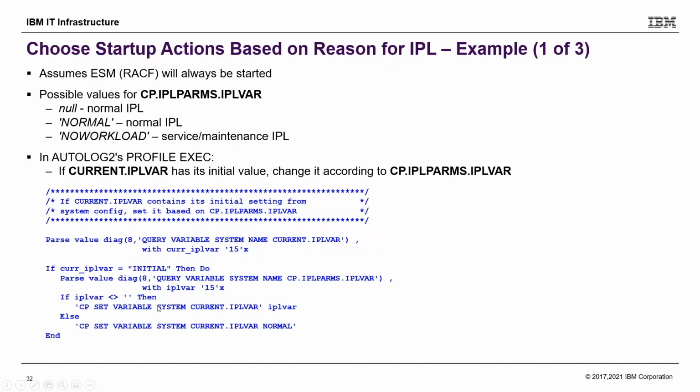We're going to change it based on the CP environment variable. So if the CP environment variable is not equal to null, we're going to set the current value to the value of the initialized IPL parameter variable. If it's anything but that, we're just going to set it to normal. So if it's null, we're going to set it to normal based on the convention we defined above.